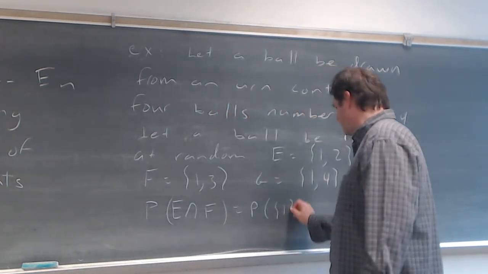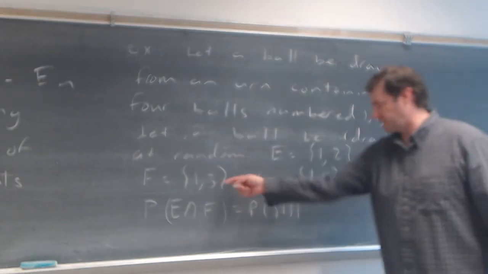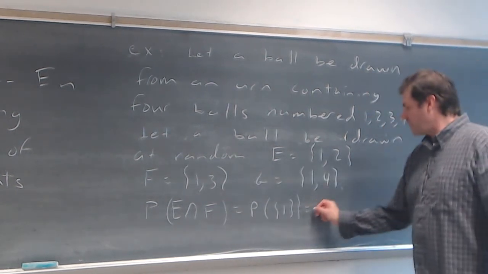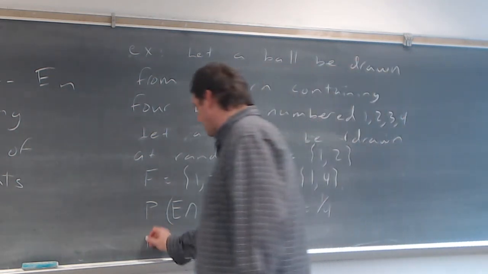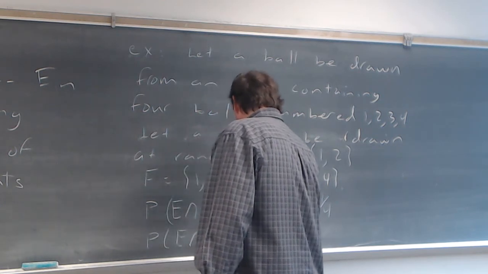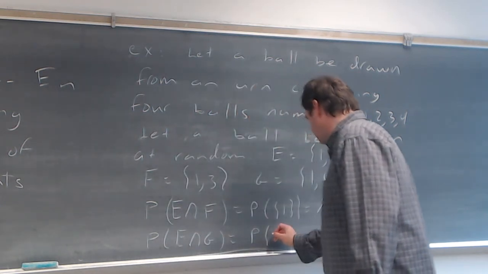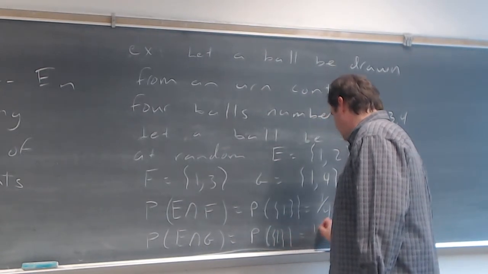Okay. So if you look at the probability of E intersect F, that would be the same thing as the probability that you selected the ball number 1, because that's all that's in common between these two events. And the chance of that is 1/4. Likewise, the probability of E intersect G is the probability that you drew the ball with the 1 on it, and that's equal to 1/4.